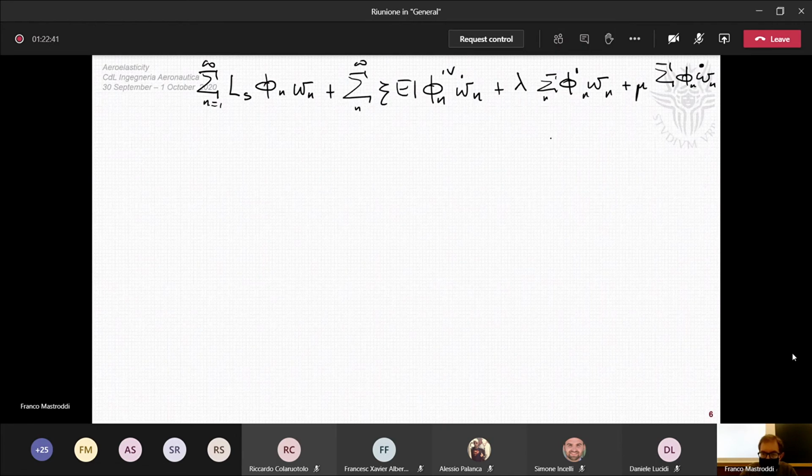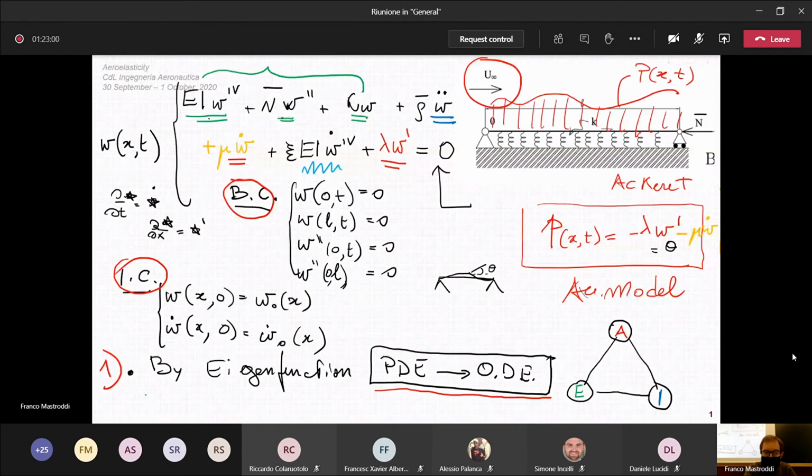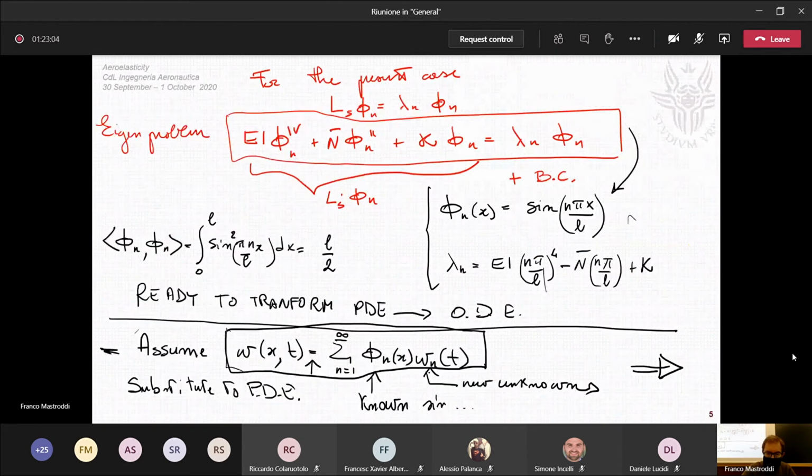And finally, the inertial force. So I have essentially substituted into the equation at the beginning this position here.